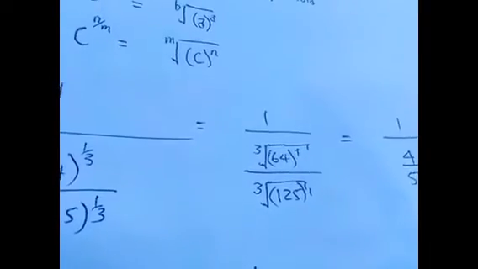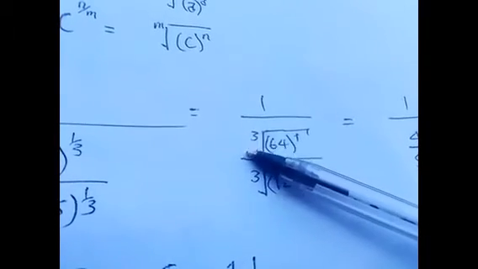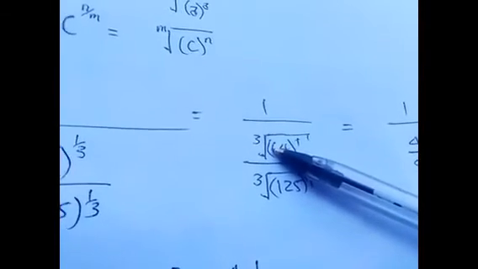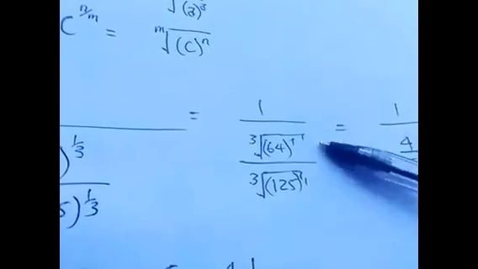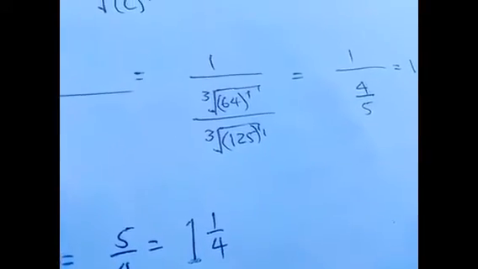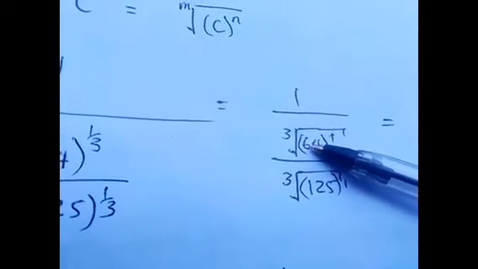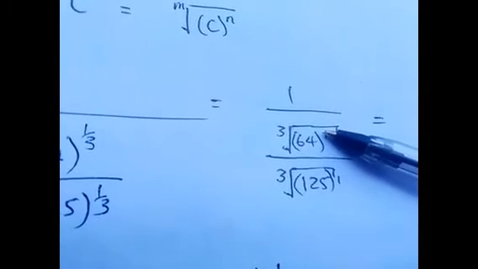That is a rule. So 64 here, looking for the number which we can multiply 3 times to give us 64 is 4. If you multiply 4 by 4 by 4, it will give you what? 64. So 4 multiplied by 4 is 16, 16 multiplied by 4 is 64. So that's what it means here. So cube root of 64 is what? 4. And then 4 raised to power 1.